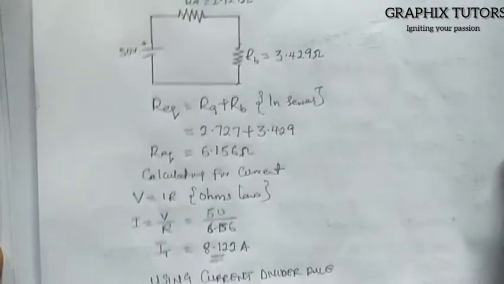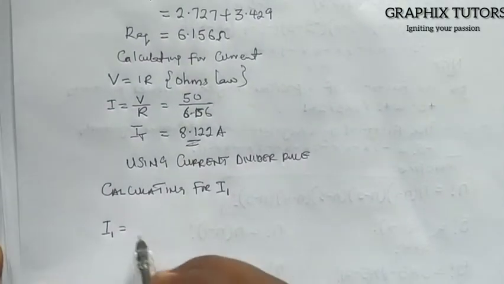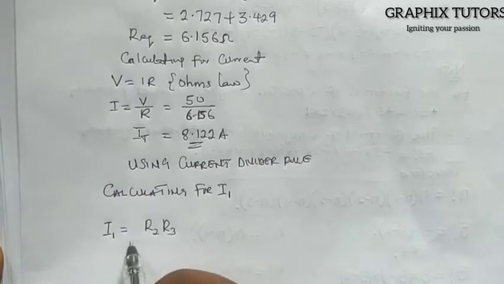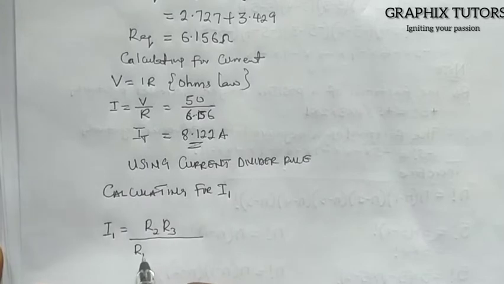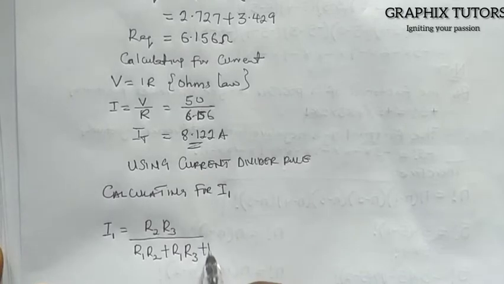So I'll be having R2, R3, all over R1 R2 plus R1 R3 plus R2 R3.